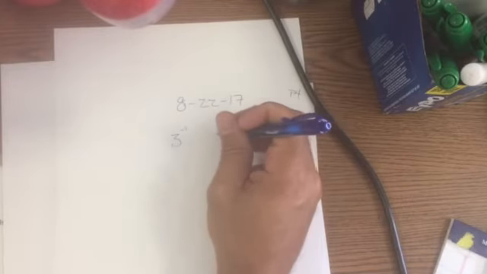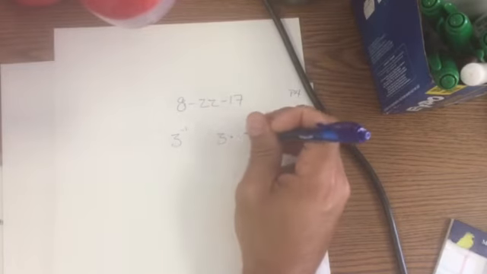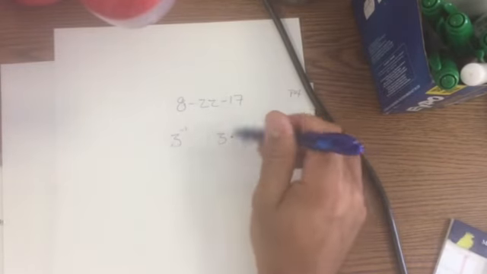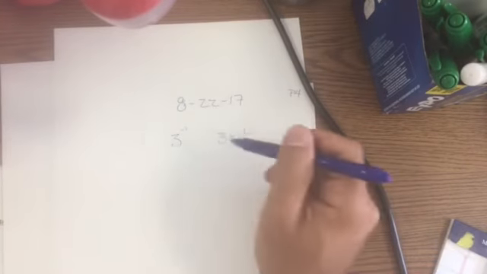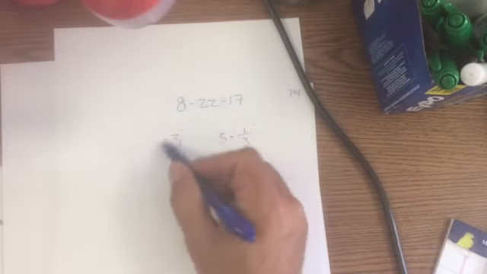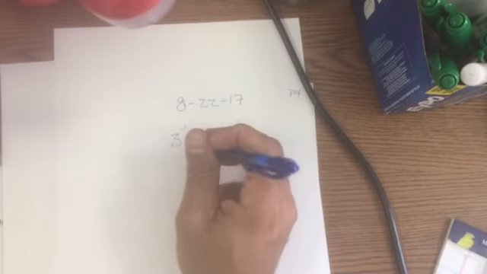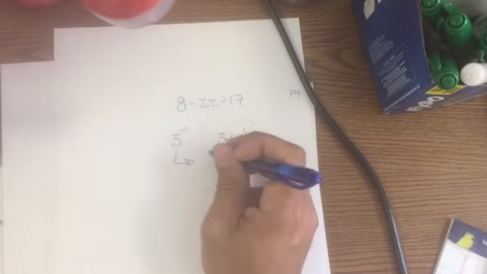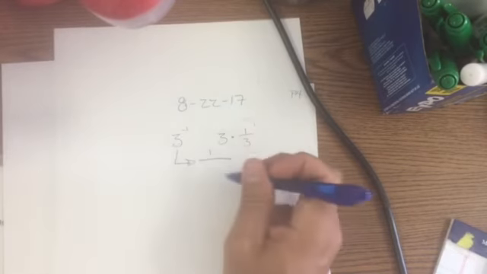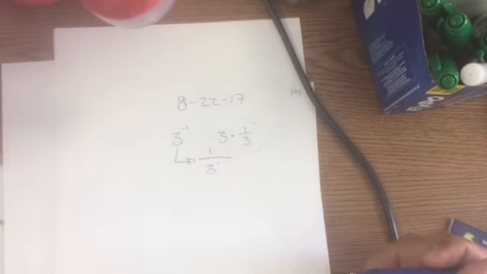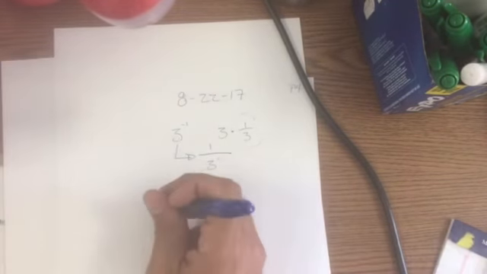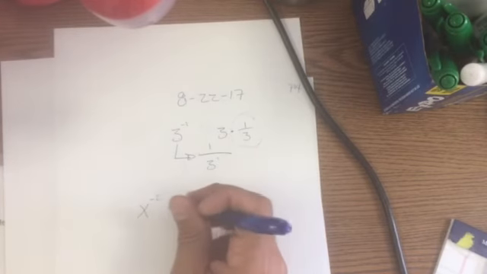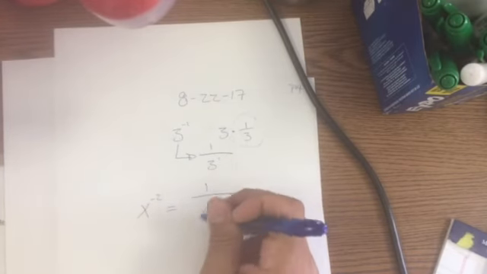Well, I need to multiply 3 times 1/3. So this is the multiplicative inverse, which means whatever I have here, if it's by itself, it's going to become 1 over that value with a positive exponent, or 1 over 3 to the 1. So if I have x to the negative 2, it's going to become 1 over x to the 2.